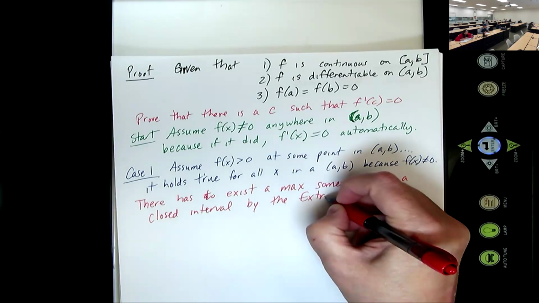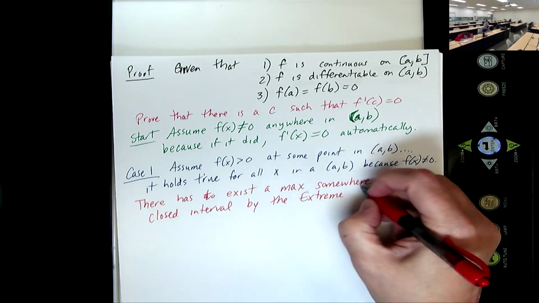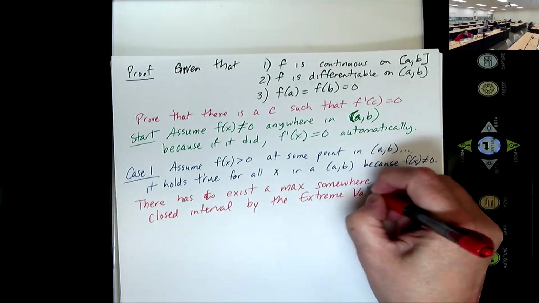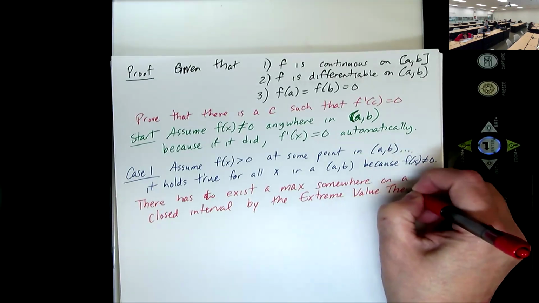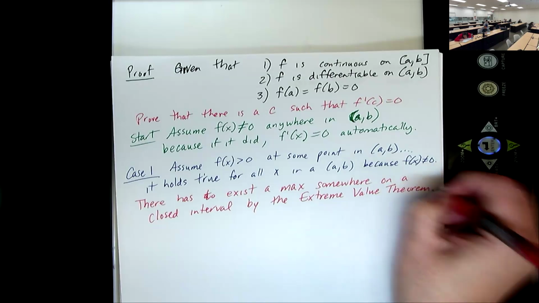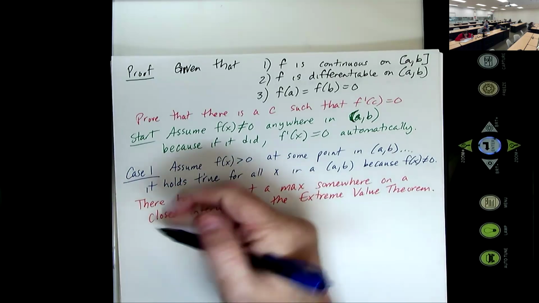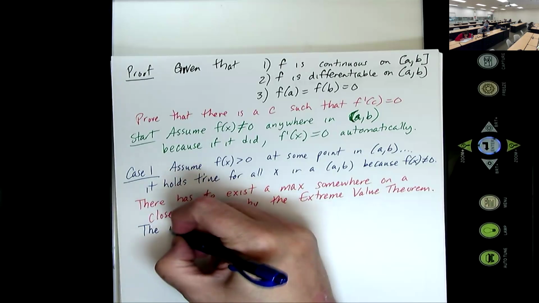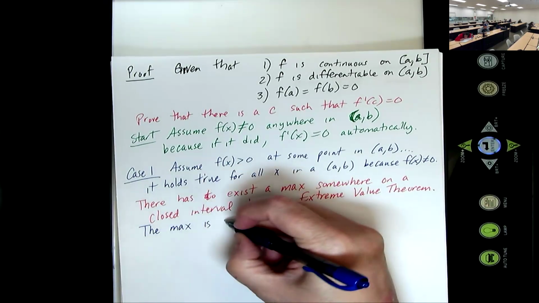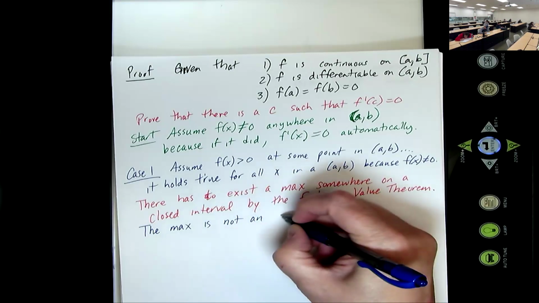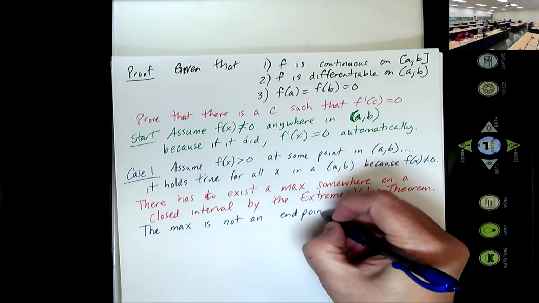This was what we were doing with the absolute values and stuff, absolute max and so on. There's a max, and it's not at one of the endpoints, since they are 0.